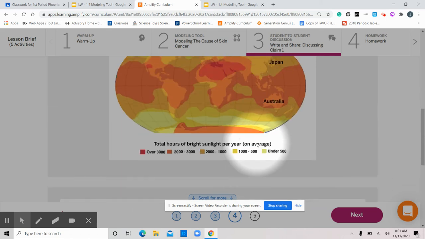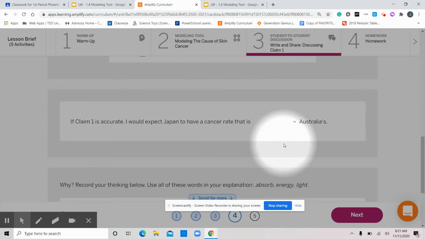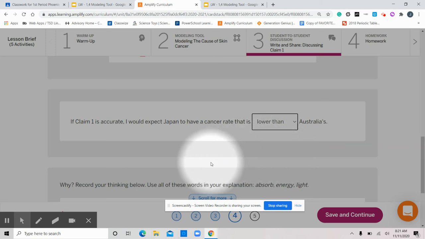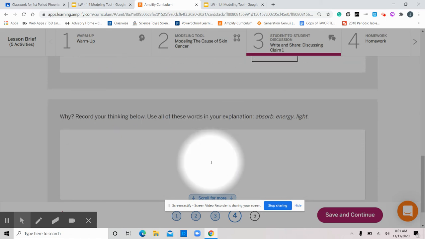So if Japan has less sun exposure, then what do you expect its skin cancer rate to be if claim 1 is accurate? Go ahead and pause the video, make your selection. And hopefully you chose lower than for this part, because yes, it would be lower if claim 1 is correct.